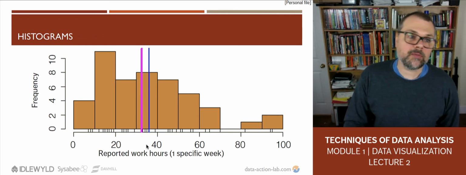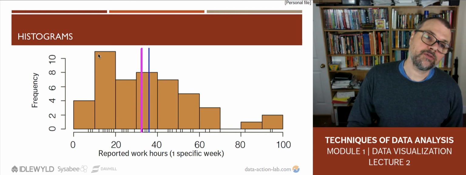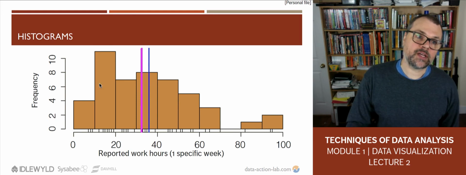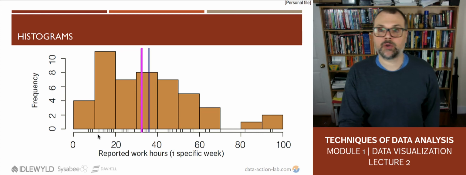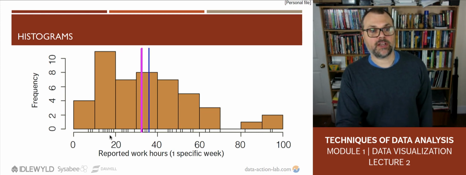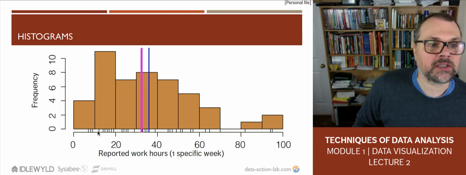If you look at the numbers, the mode here, which is about 11, what you're reading from this mode is that there's 11 observations, 11 people who reported working between 10 and 20 hours. But if I look at the little rugs, little combs here, I see 1, 2, 3, 4, 5, 6, 7.